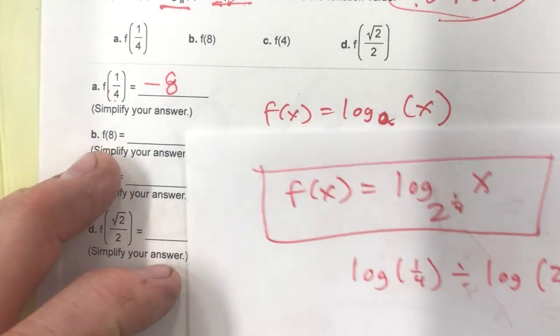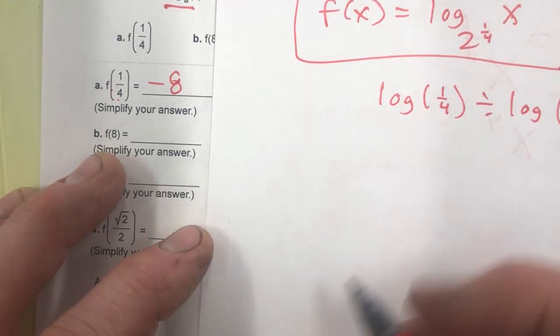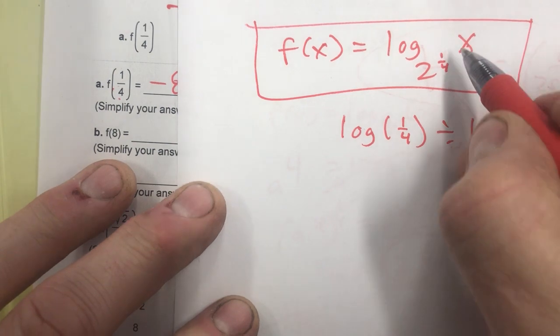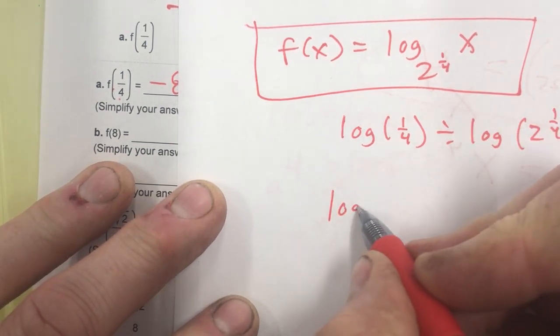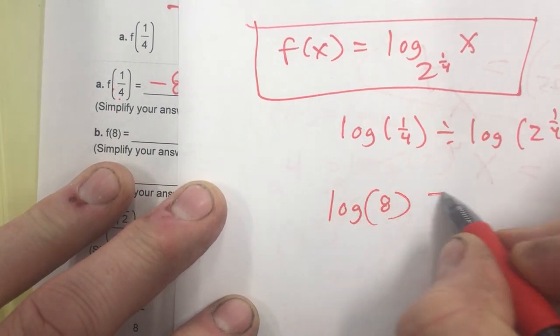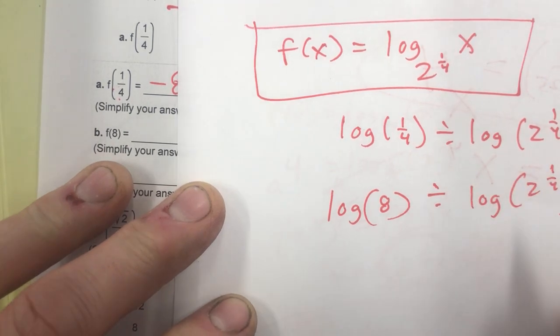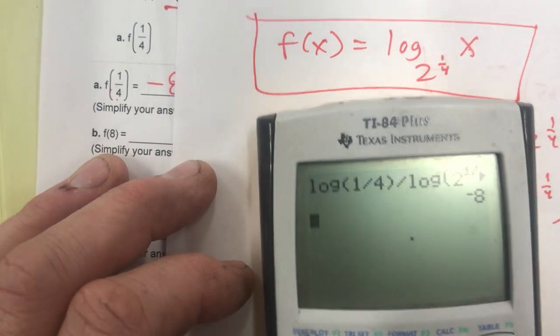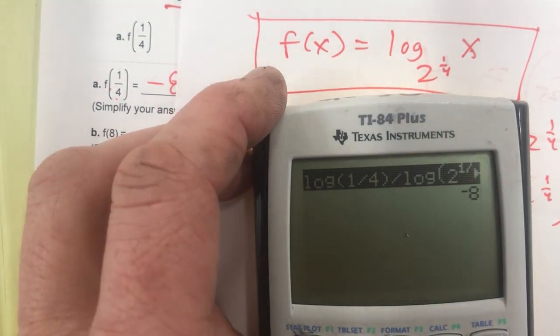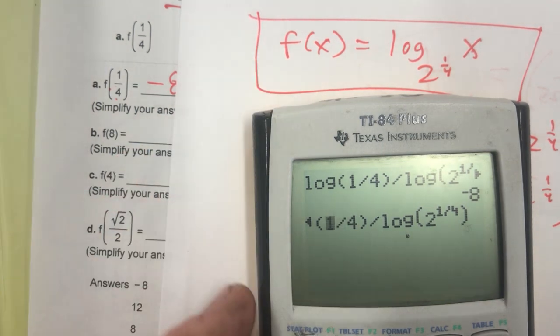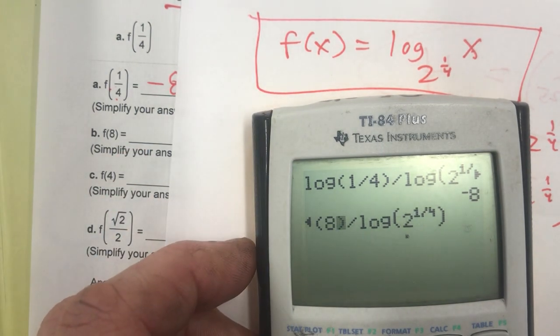Okay, so the rest of these you're just going to be punching them in. So like right here, I'm going to do 8. So I'm going to put 8 right there, which means I'm going to have log of 8 divided by log of 2 to the 1/4 power. All right, so I just go back into this problem I had originally and just type me an 8 in there and delete these.